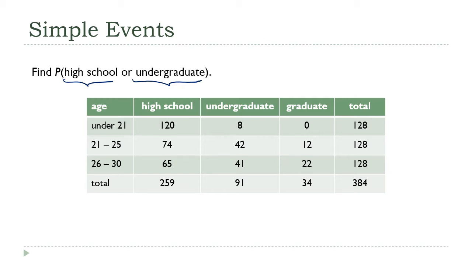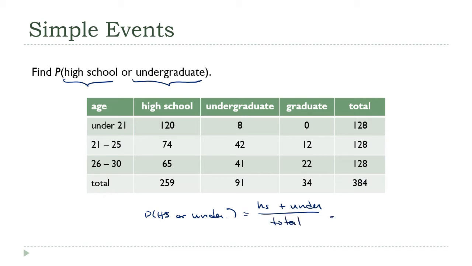Let's see. I want to do the probability of high school or undergrad. What's that going to be? It's going to be the total number of high school or undergraduate people. So I'm going to take the high school people plus the undergraduate people. That'll give me the total that I'm looking for, and again, it's divided by the total number of people surveyed.